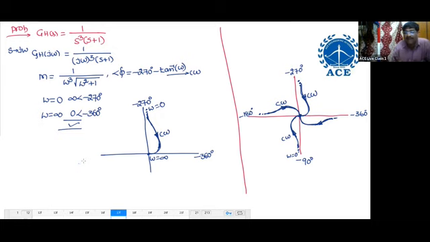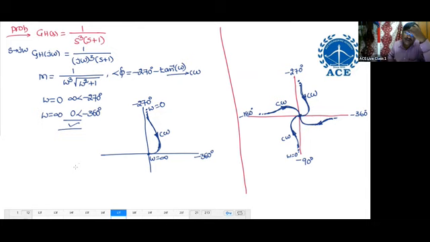But the Nyquist plot is different. Polar plots may be the same, but the Nyquist plot is different. The polar plot is 50% of the plot. That's why we are unable to differentiate the polar plot for even two different transfer functions.